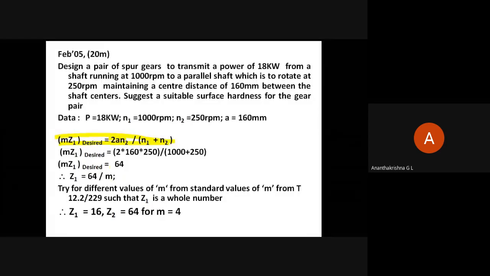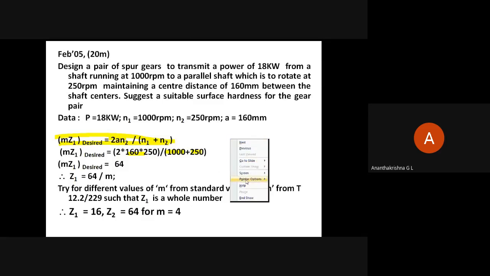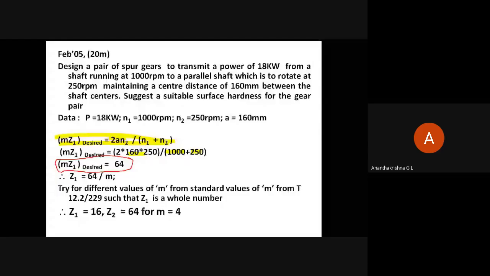Substitute the values of center distance a, n1 and n2. When you simplify this, you will get m z1 desired to be equal to 64.